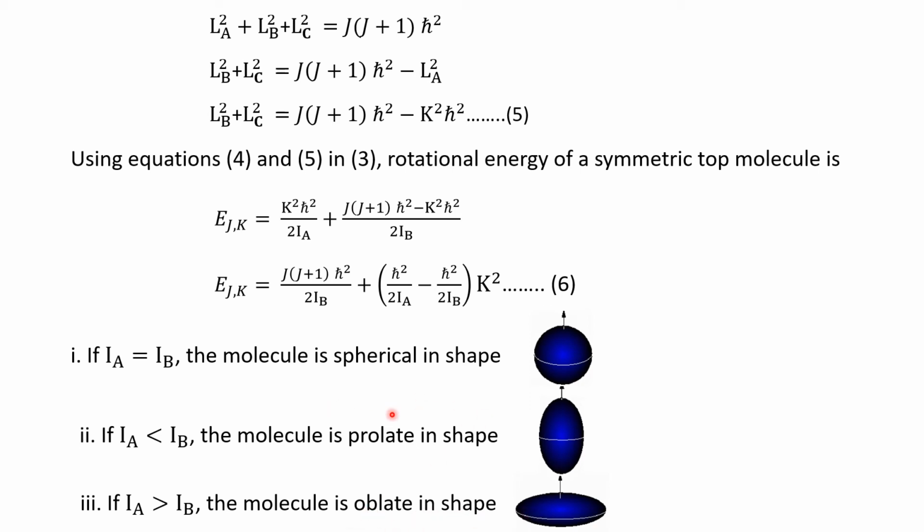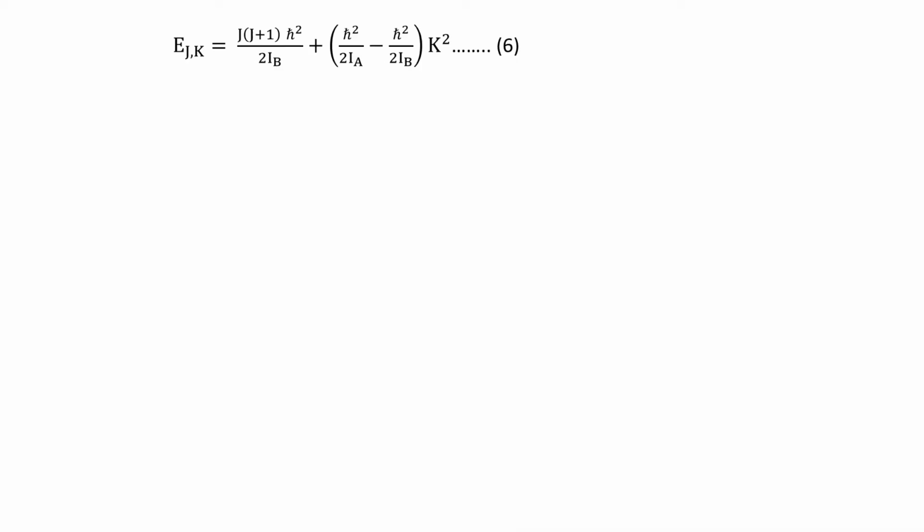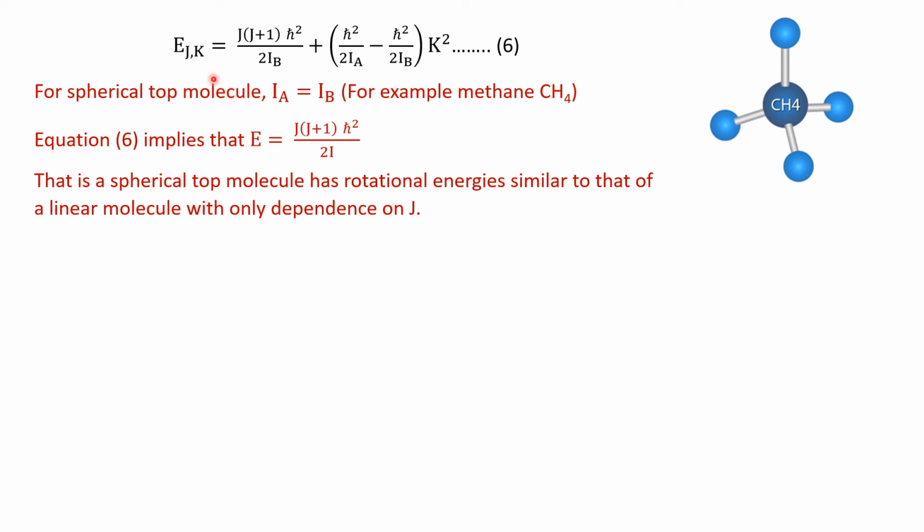So if you put all these values over here, the energies will go on changing. So in the next slide, we are going to show how the energies of spherical, prolate, and oblate shapes behave. So this is the energy of a non-linear polyatomic molecule. If we take the example of the spherical top molecule, where these two moments of inertia are the same, the practical example is methane.